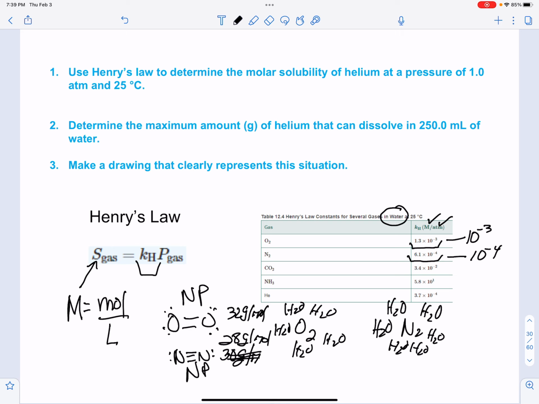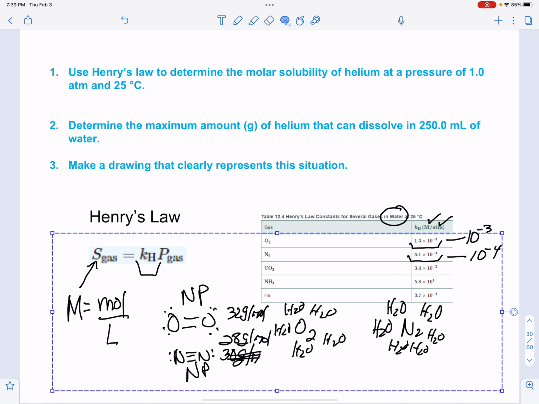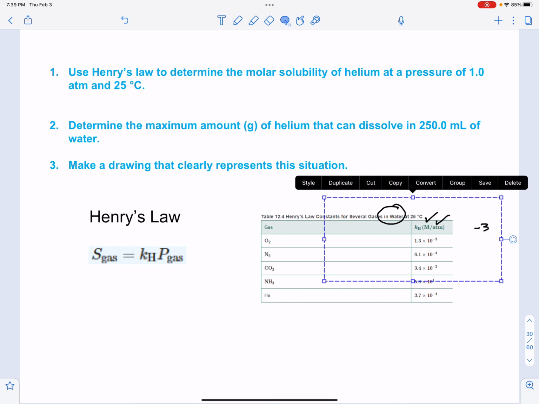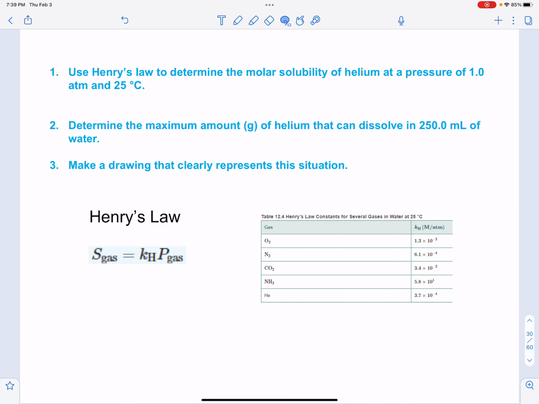So that's why it can grab onto the water better, and it can be retained by the water. Therefore, the solubility, which is how many molecules are captured by the water, is going to be higher. So we can make sense of these numbers with the basic knowledge that we have from intermolecular forces. That's where these numbers are coming from.